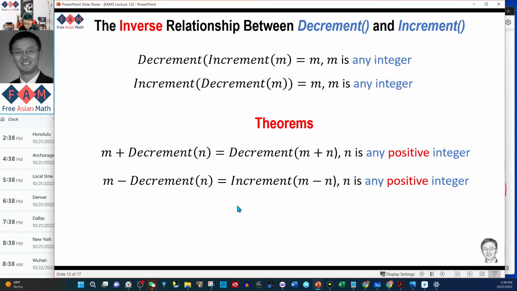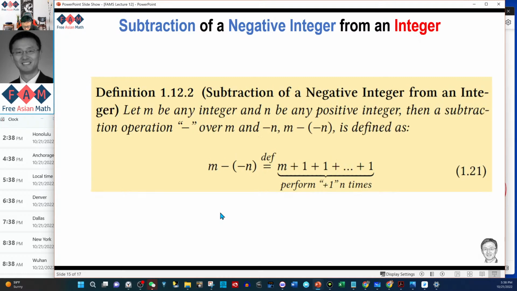Remember, if you subtract a decrement, you are actually postponing that decrement, but converting it to an increment. So m subtract the decrement of n equals m subtract n, then do increment. Based on that, you will see why this makes sense.